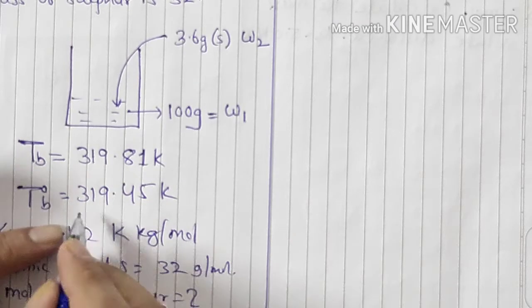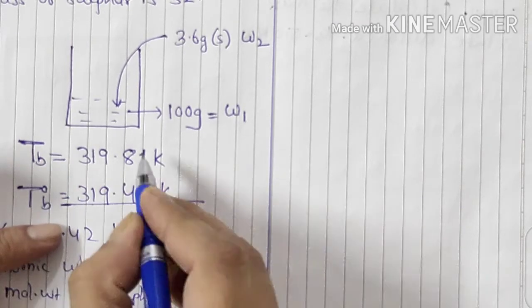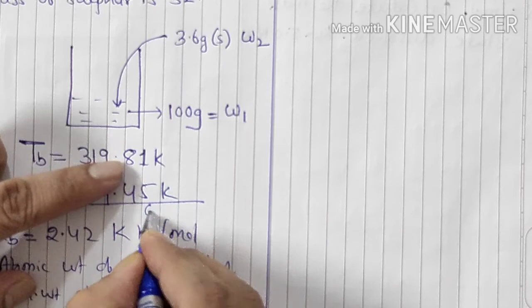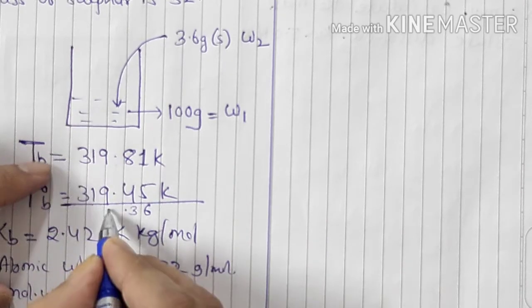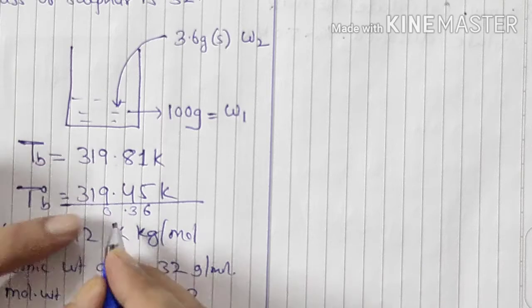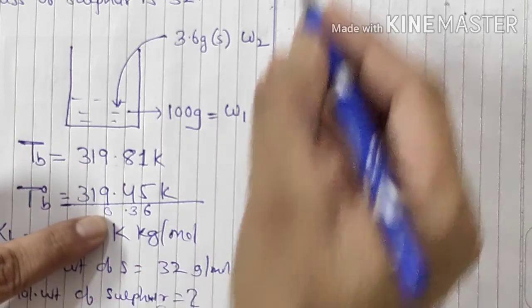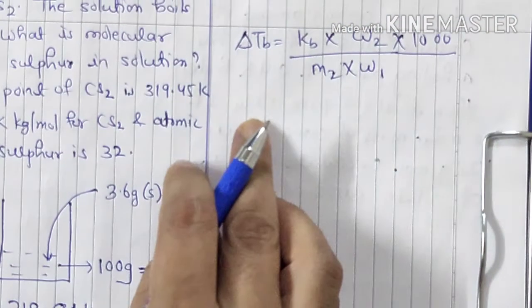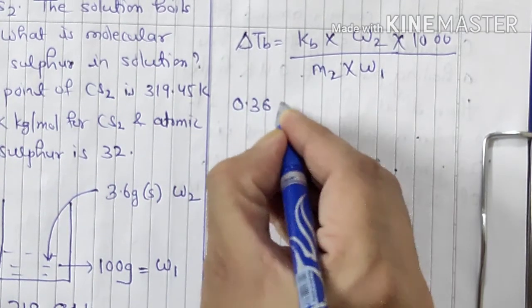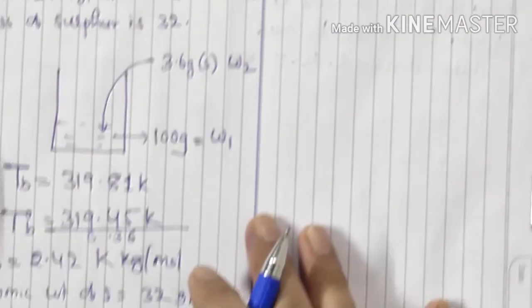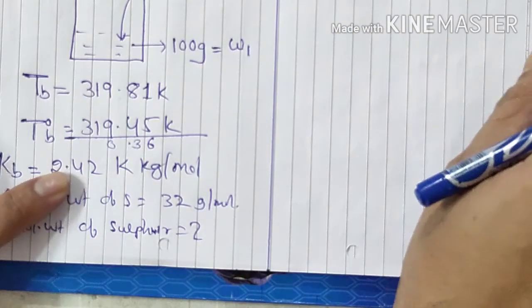Okay, so let's find the difference here only. 11 minus 5 will be 6. 7 minus 4 will be 3. This is 0. This is 0, 0. Okay, so 0.36. So the delta TB value is 0.36.